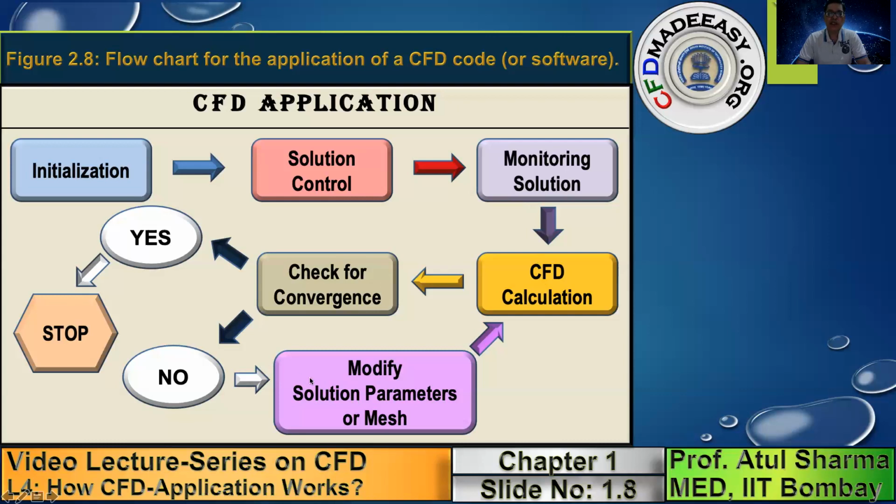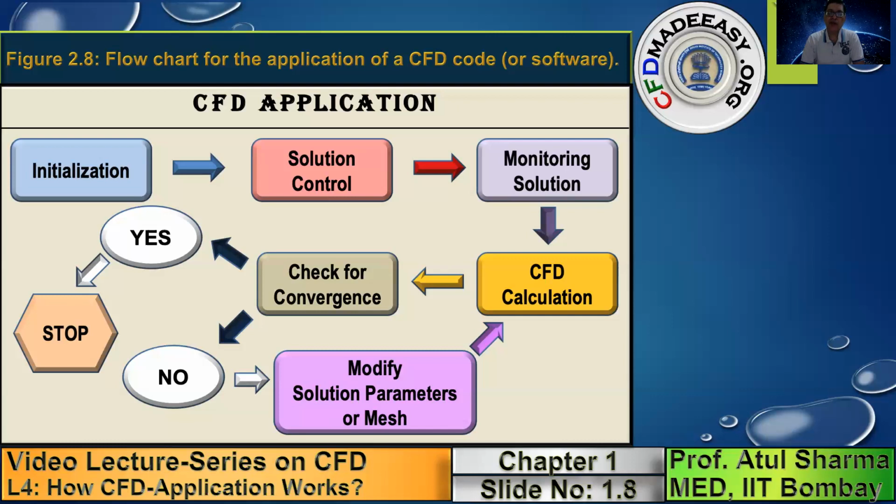Now, basically, there are two types of modifications which are commonly done. One is called a solution parameter, where we try to reduce the under relaxation factor so that we get convergence. And the second is, many times when we do grid generation or mesh generation, the quality of mesh basically decides the relative value of the coefficients of the linear algebraic equations.